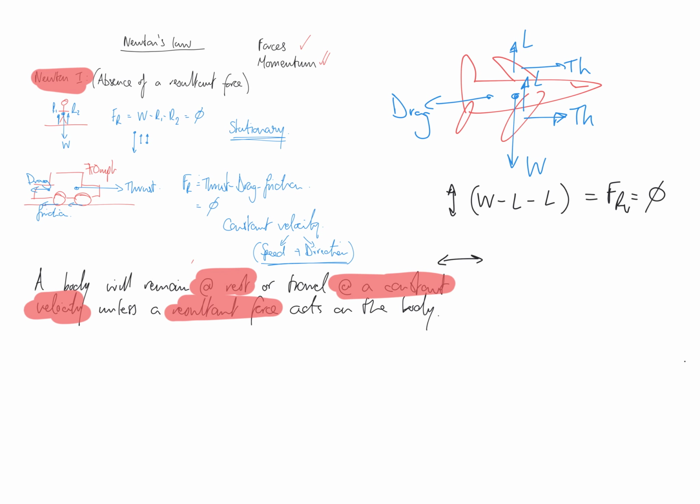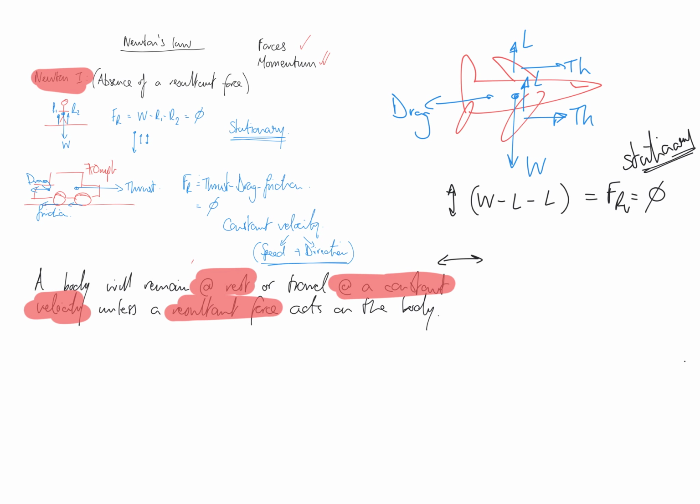So which of these 2 situations do you think we're going to have? Do you think it's going to be stationary, or do you think it's going to be moving at a constant velocity in the vertical direction? And of course, the answer here is that it is stationary vertically. In the vertical direction, i.e. it doesn't move.